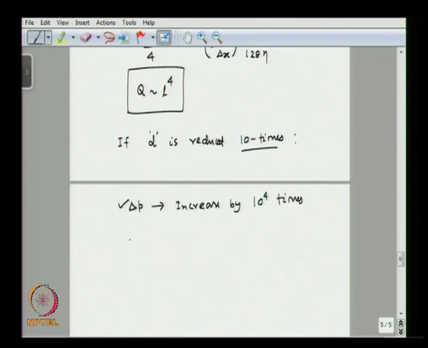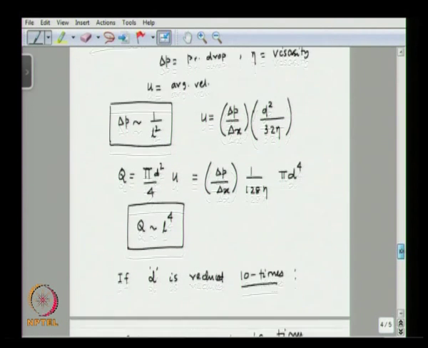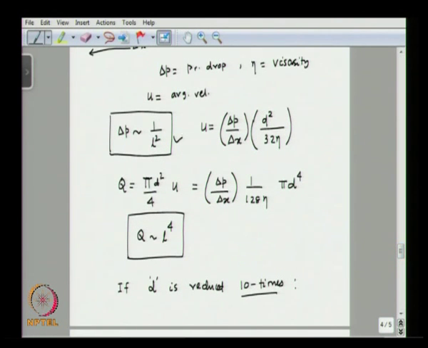On the other hand, Q is going to reduce by 10 to the power 4 times. Sorry, for delta P it is 10 to the power 2 times, because delta P scales as 1 over d square.